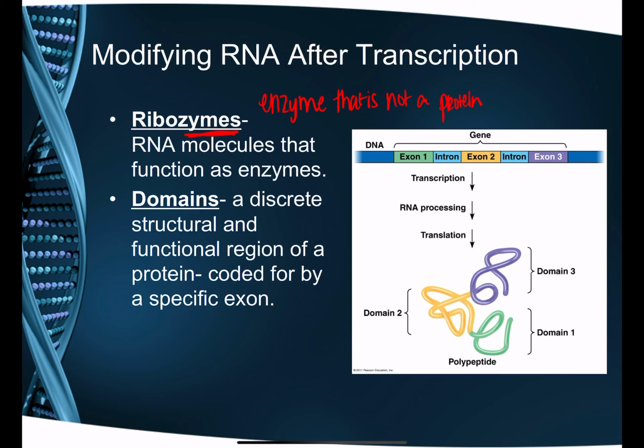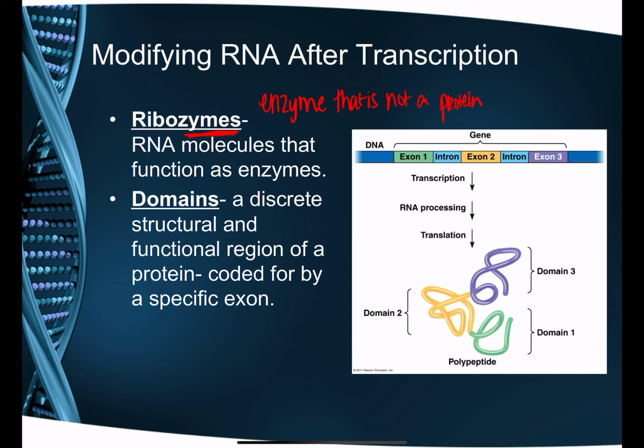And so what they sometimes do is, in certain species, they work in the place of a spliceosome. They're an alternative to a spliceosome. And they can cut out their own intron sequences. Now, not all species have them, but certain species do have ribozymes, okay?